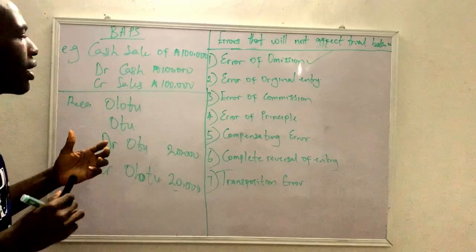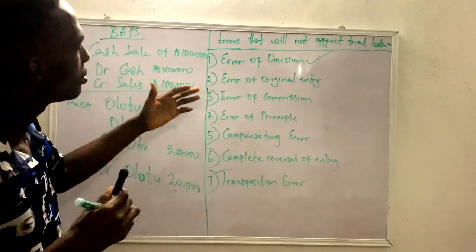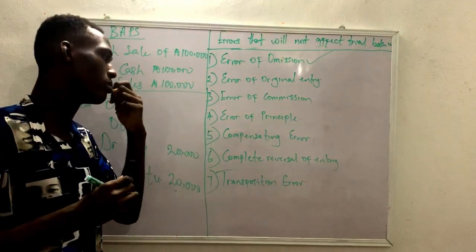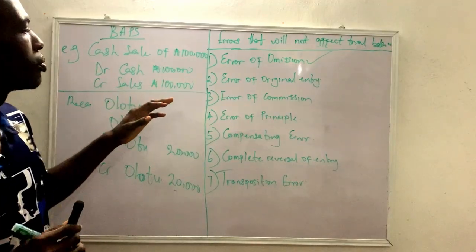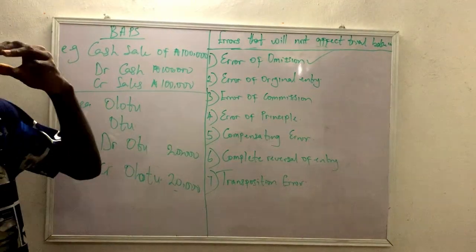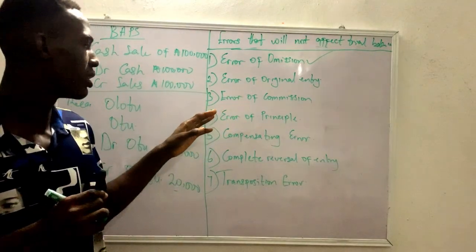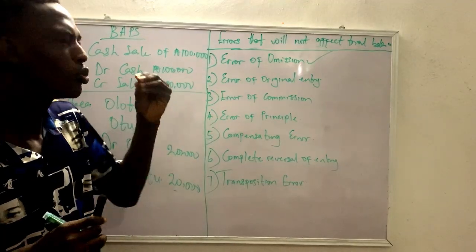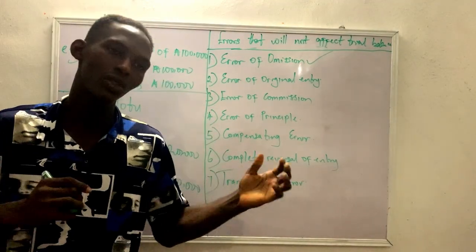Now the next one is error of principle. What's the difference between error of principle and error of commission? Error of principle is the type of error that occurs, no, sorry, it is the type of error that occurs between different classes of accounts.